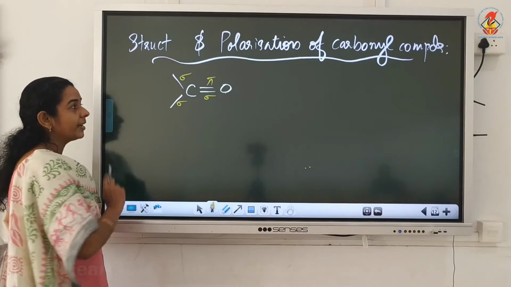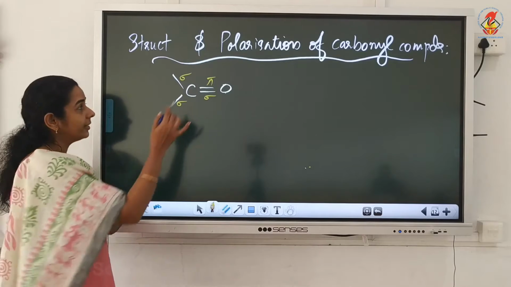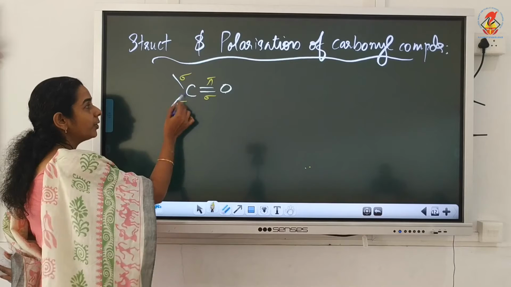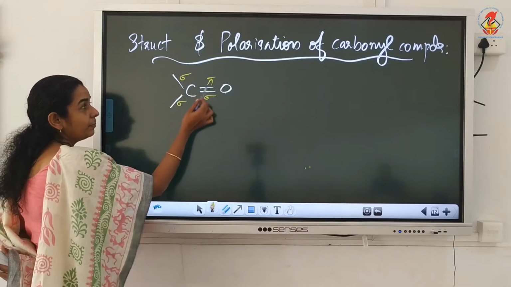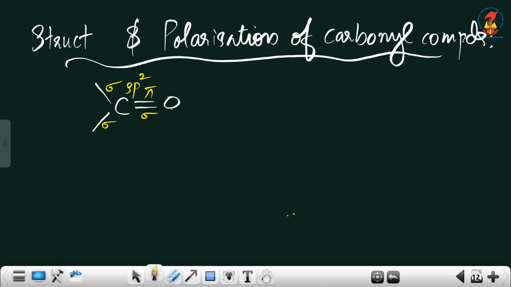So, what is the hybridization of carbonyl carbon here? It is surrounded by 1 pi bond. So, the hybridization is sp2. So, the first point is the carbonyl carbon is sp2 hybridized.